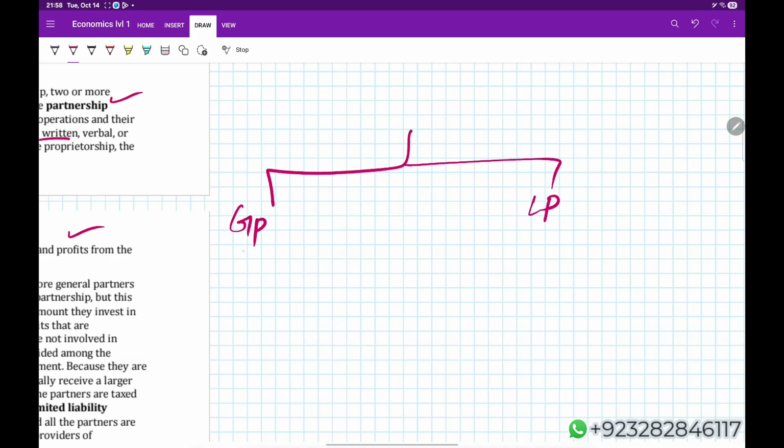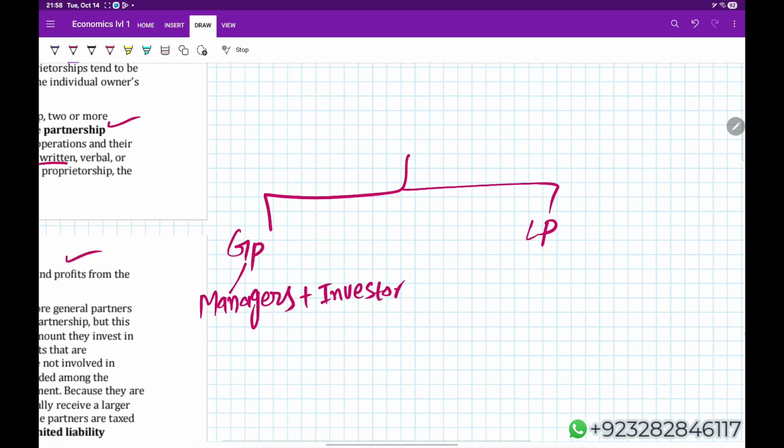So the general partners are basically the managers, we can say, or the investment managers from the business point of view. Plus they are also the investors, not at that level. If I exaggerate, 97% to 99% of the money will be coming from limited partners, and that money will not come all at once.